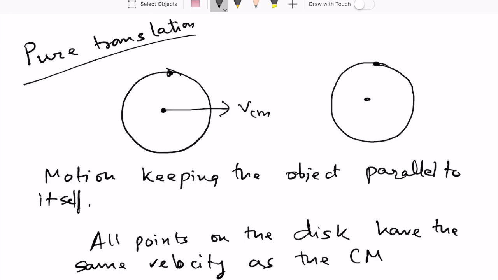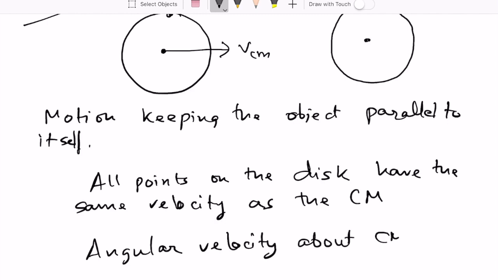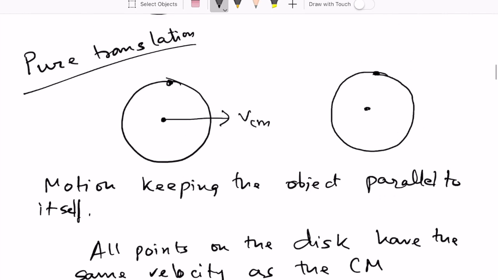All of them have the velocity VCM, and the angular velocity about the center of mass would be 0, because relative to the center of mass, the disk does not have any kind of rotation. So that is called pure translation.